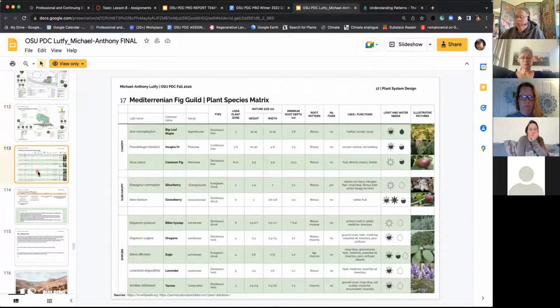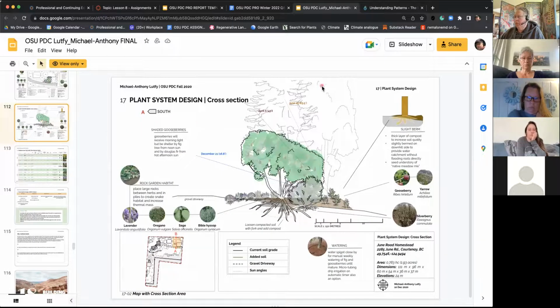And then this person's gone into their plant species matrix. This is an interesting exercise to go through because again, there's that canopy, subcanopy, and shrub layer. And you can see here, of course, there's this huge canopy above. And the fig is not going to get that high. You know, the figs in this part of the world, maybe 20 feet.